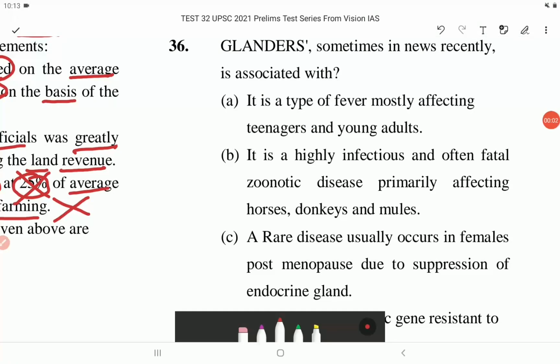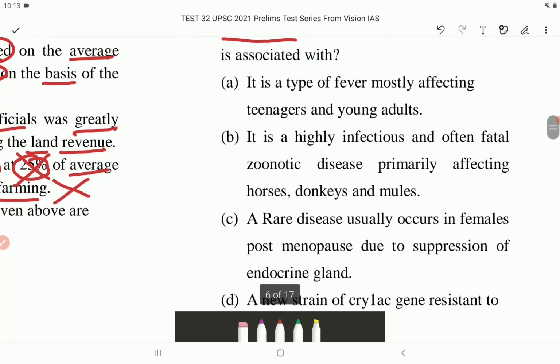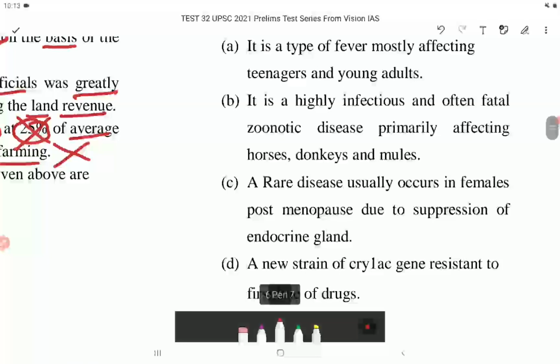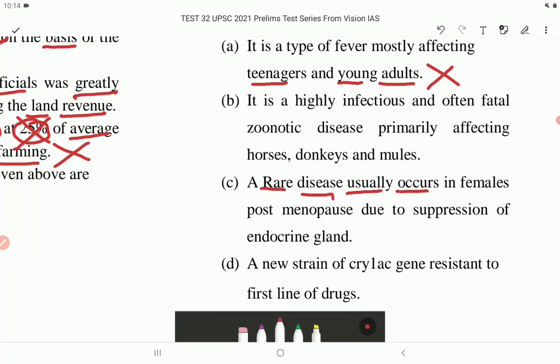Question number 36. Glanders, sometimes in news recently, is associated with: Option A. It is a type of fever mostly affecting teenagers and young adults. Incorrect. Option C. A rare disease usually occurs in females post-menopause due to suppression of endocrine gland. Incorrect.